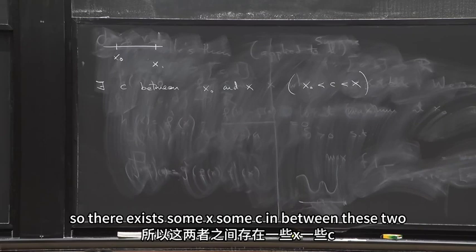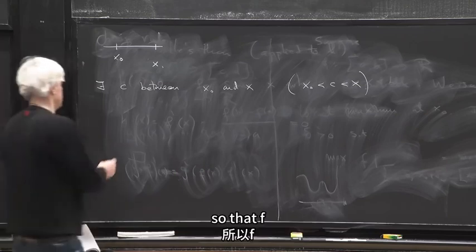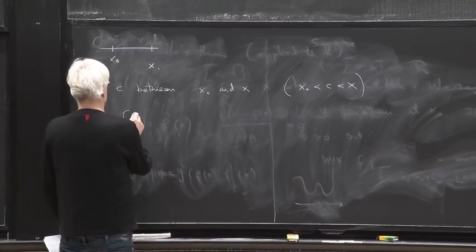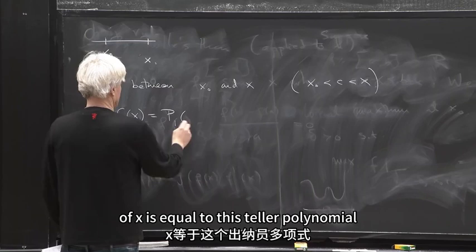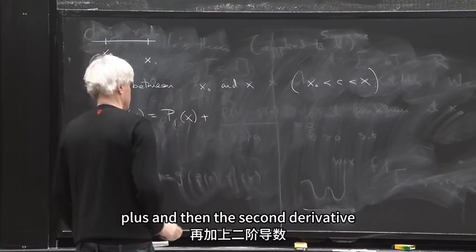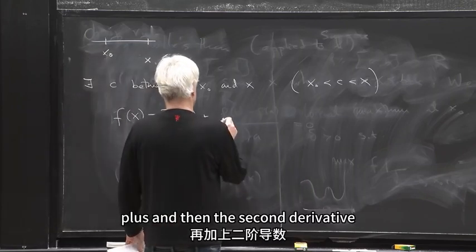So there exists some c in between these two, so that f of x is equal to this Taylor polynomial plus the second derivative.